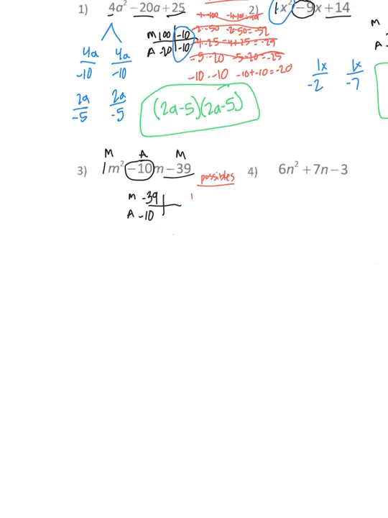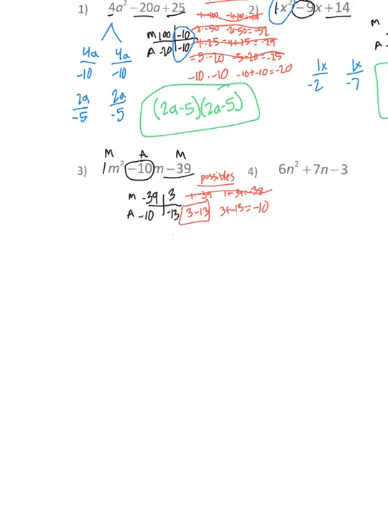So if I have 1 times a negative 39, that gives me negative 38. Okay, see, 2 does not go in, 3 does. We would have 3 times negative 13. 3 plus negative 13 gives me negative 10. So that's my answer. My combination, my 3 and negative 13.